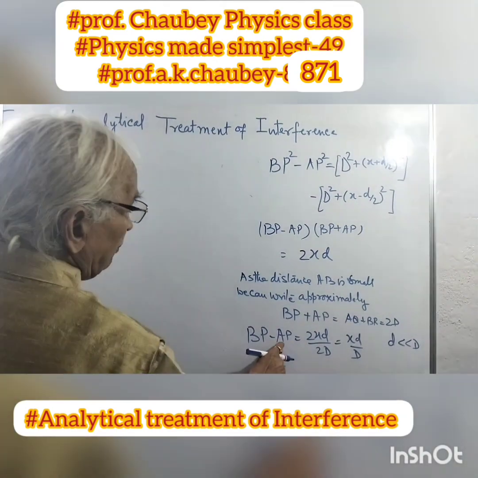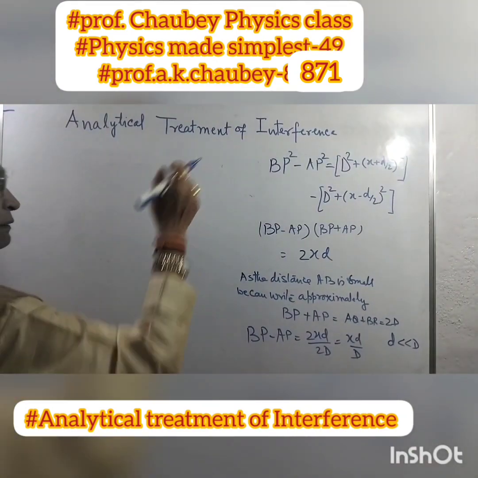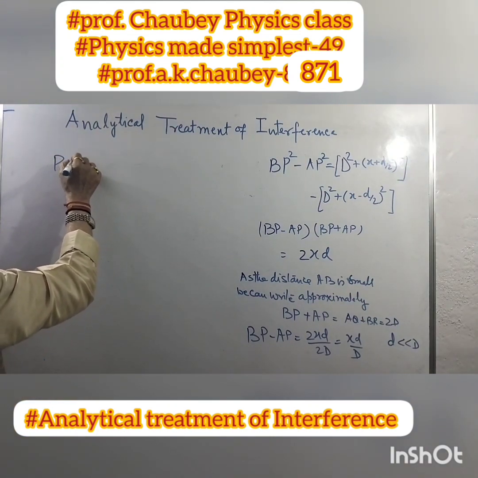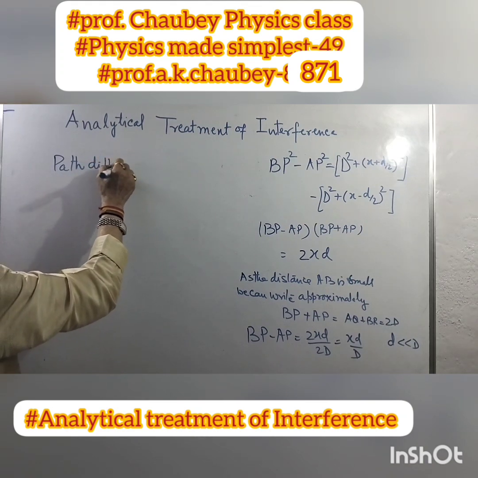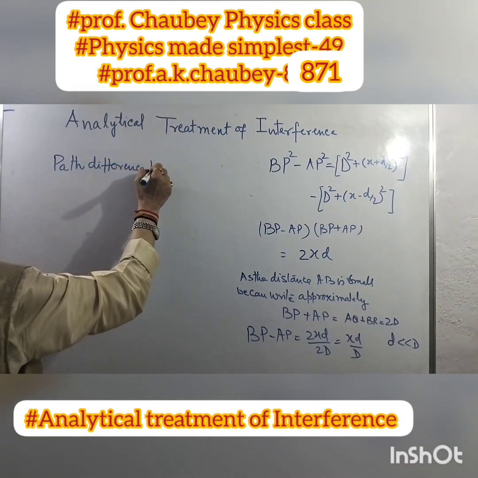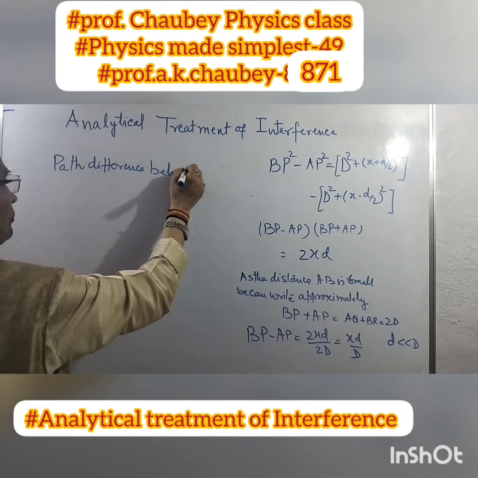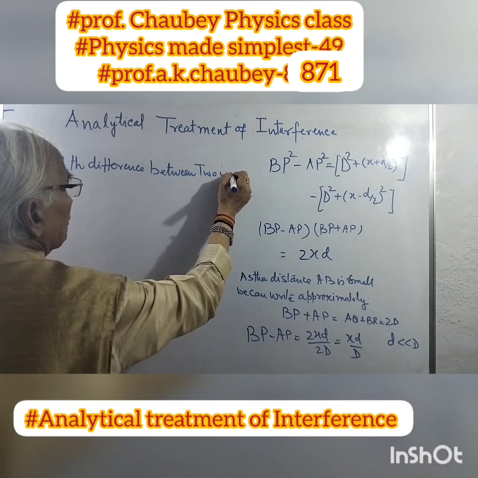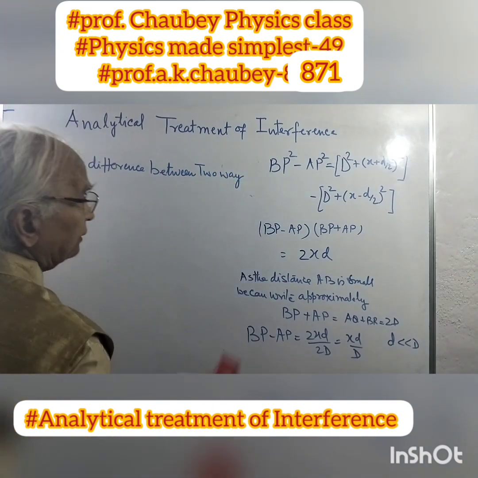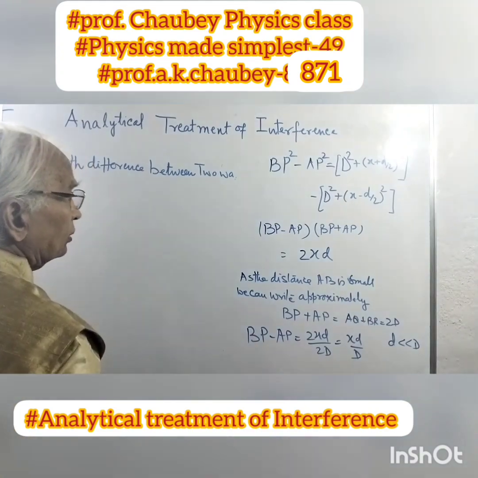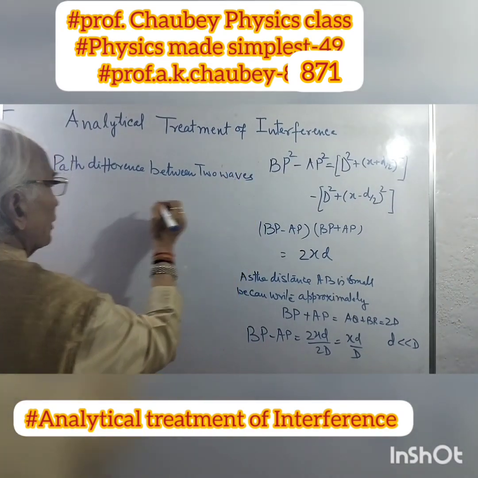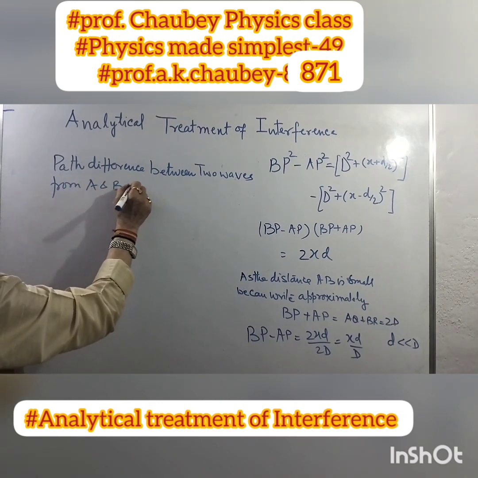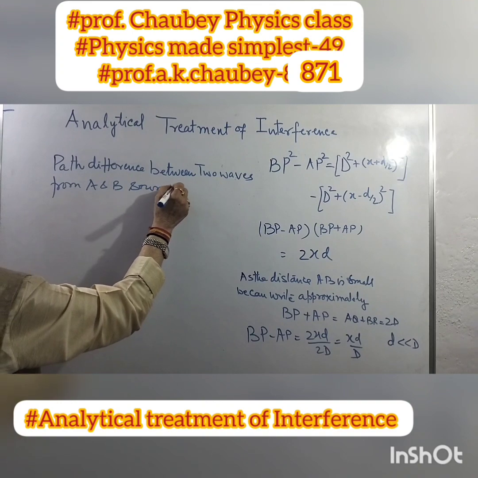So this BP minus AP is the path difference between two waves from A and B sources, because A and B act like two sources.